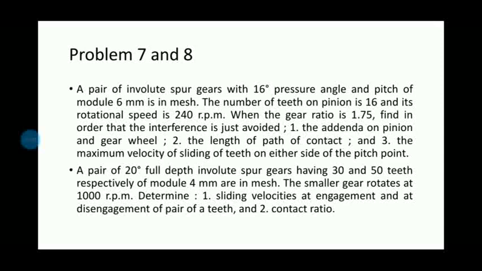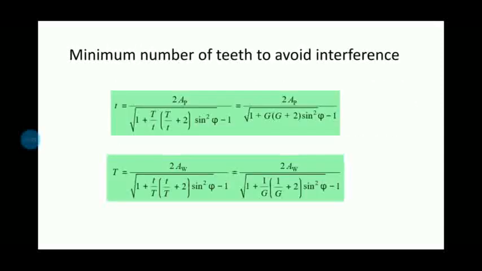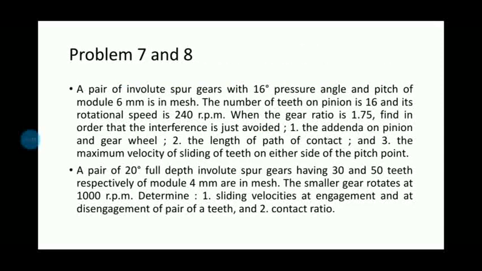Why they are asking that is because in that case you can use this equation and find all the required things. The number of teeth is already given, 16, and that case is equivalent to interference being just avoided. That means this is the minimum number of teeth.